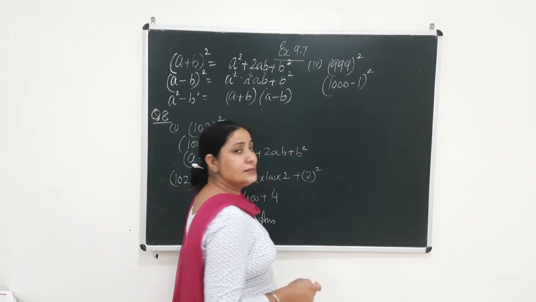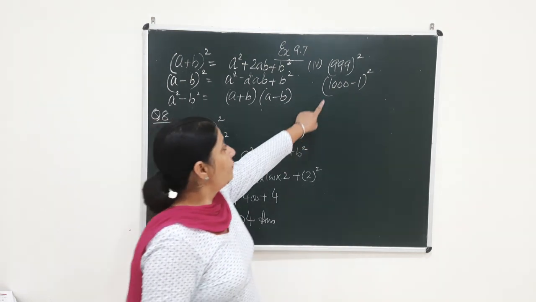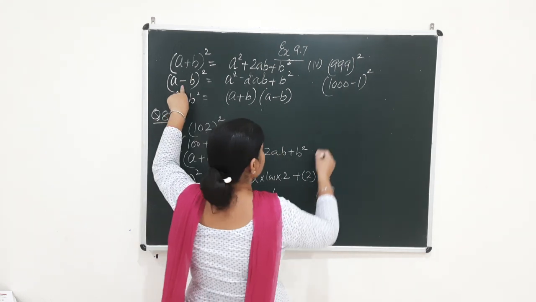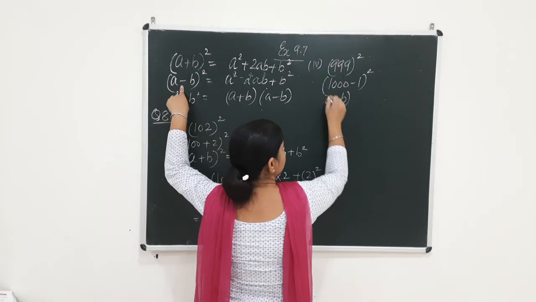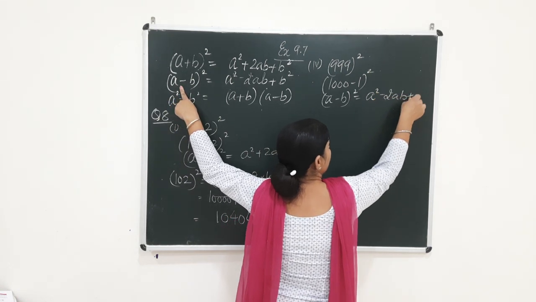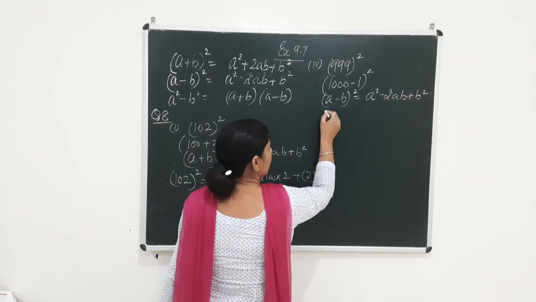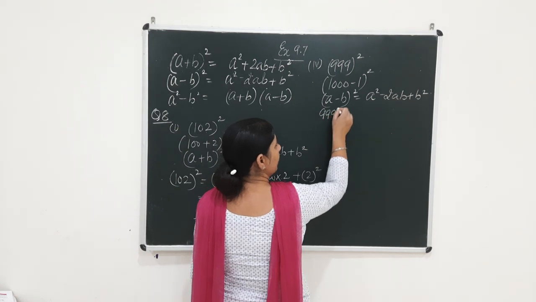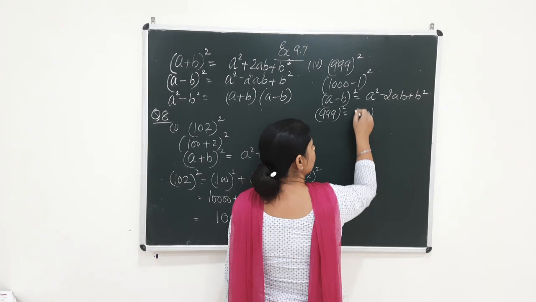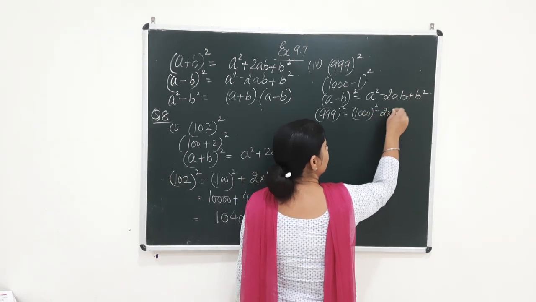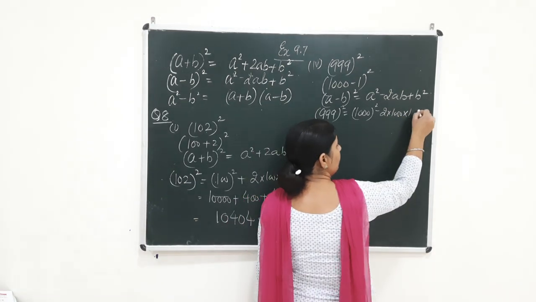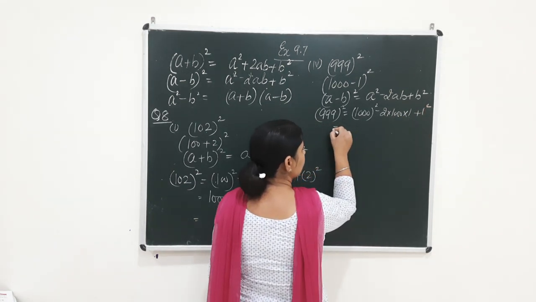So you can break this 999 square as 1000 minus 1, beta, so that the second identity is formed: a minus b the whole square, which is a square minus 2ab plus b square. So see, 999 the square is equal to a, which is 1000, the square minus 2 multiplied by a, which is 1000, b, which is 1, plus 1 the square.